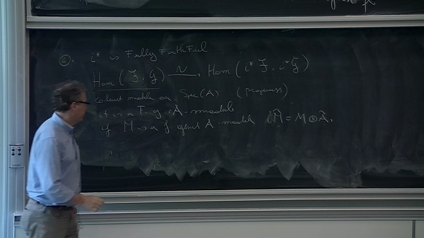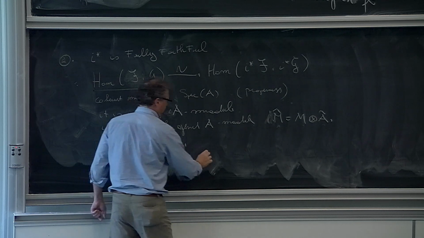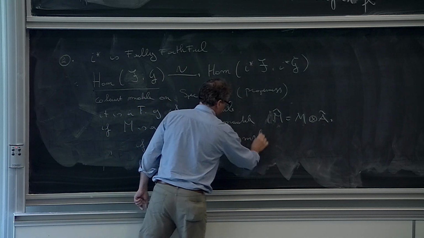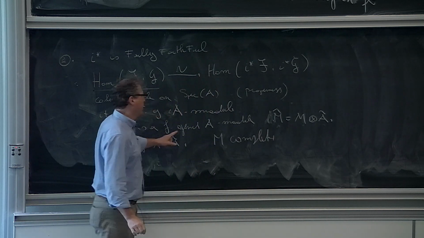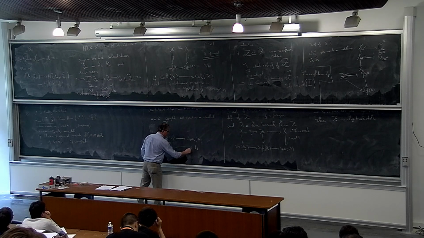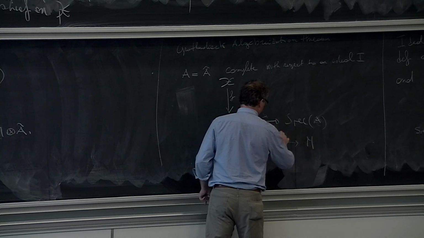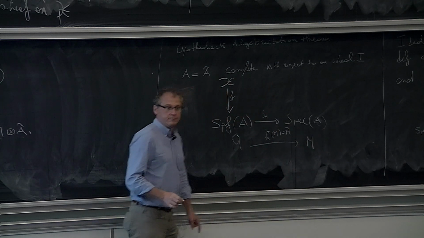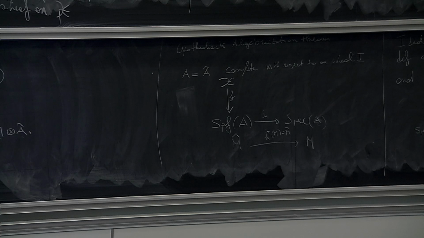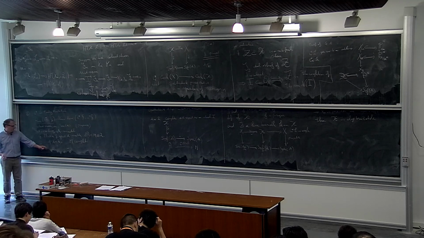But if A is equal to A hat, that means that M is already complete. If you interpret the completion, if you take a module here, the pullback I up a star of M is just M hat. This you can check by construction. Actually, there is a theorem again, but anyway, this is the case.